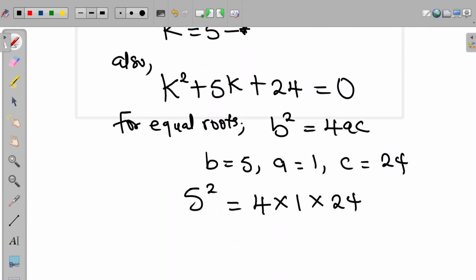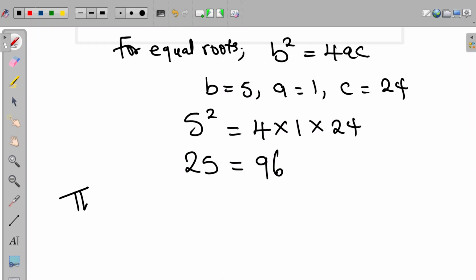So therefore, 5 squared is equal to 25, and 4 times 1 is 4, 4 times 24 is 96. Thus, b squared is less than 4ac.